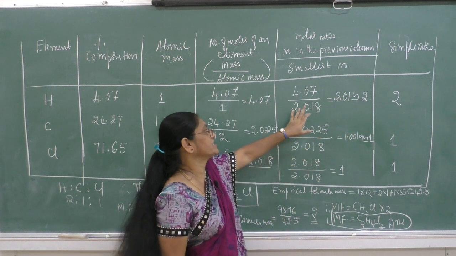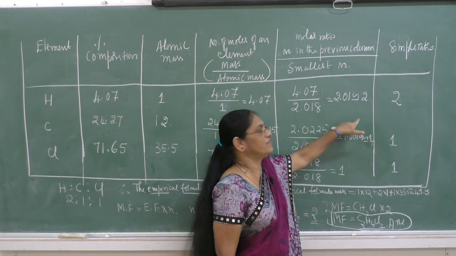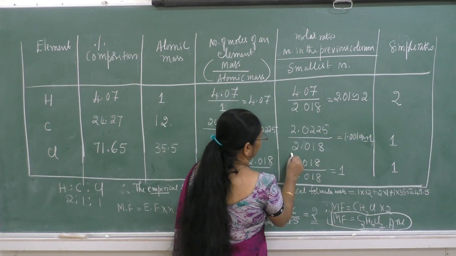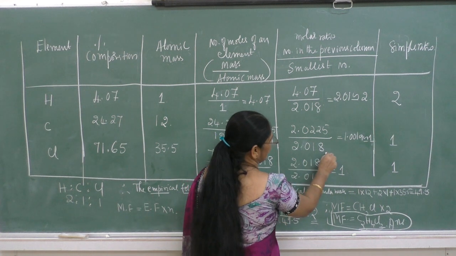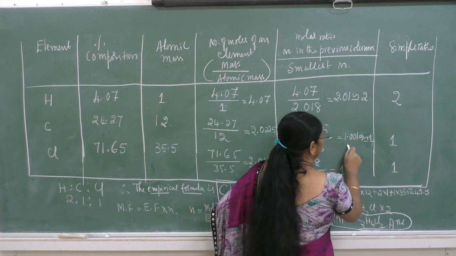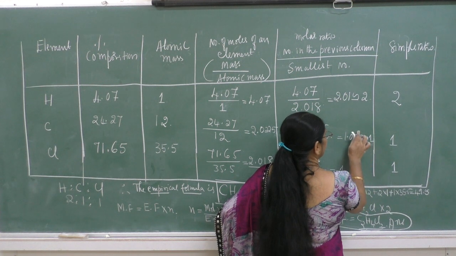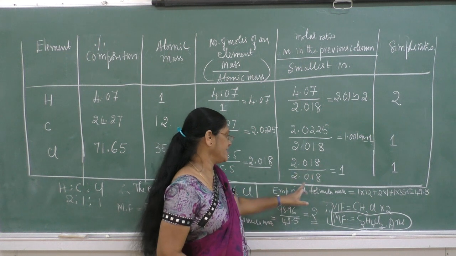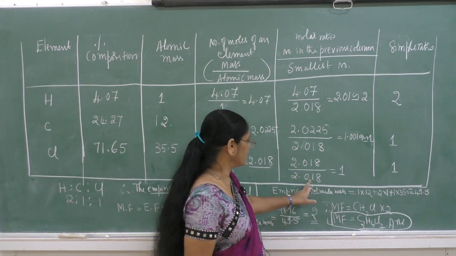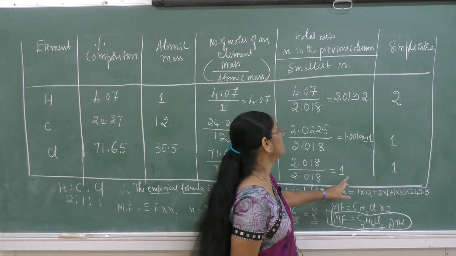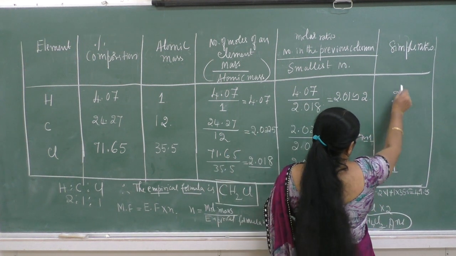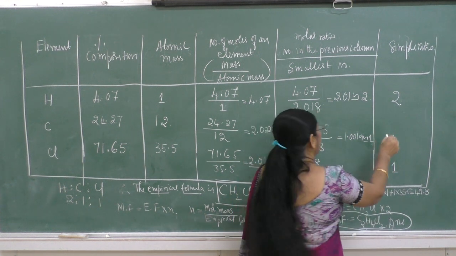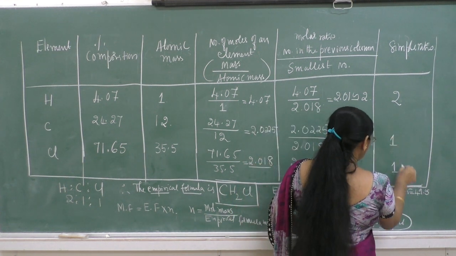If a fraction is found, then it is rounded off to the nearest whole number. 2.0225 divided by 2.018 is equal to 1.0019, approximately equal to 1. 2.018 divided by 2.018 is equal to 1. So, lastly, the simple ratio of hydrogen, carbon and chlorine is 2:1:1.